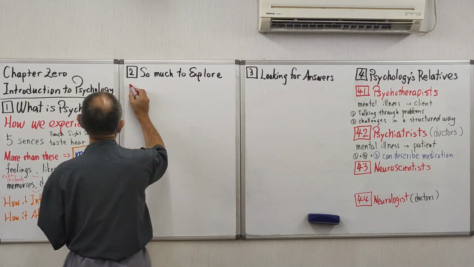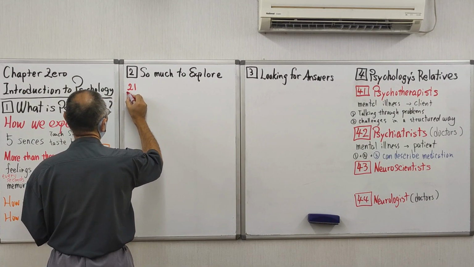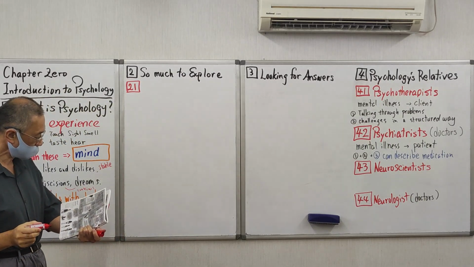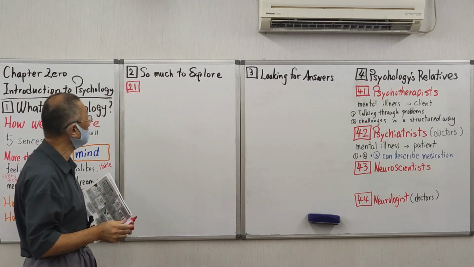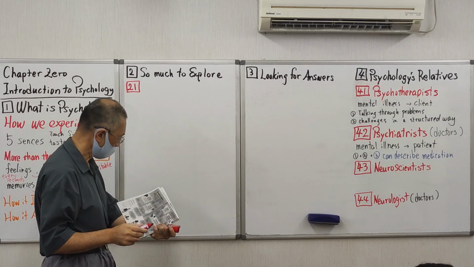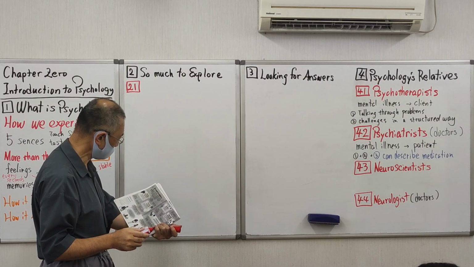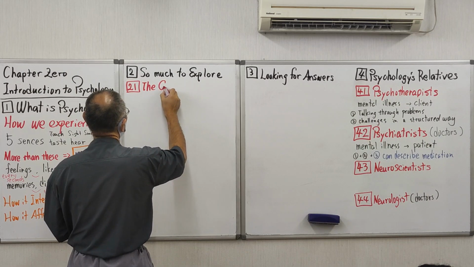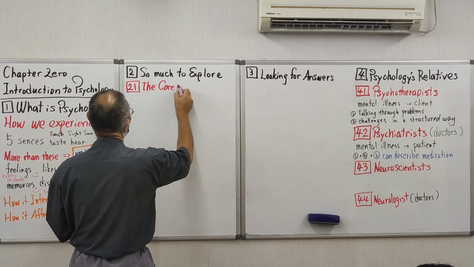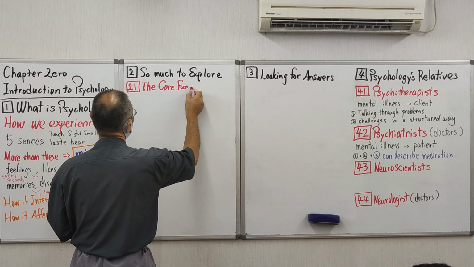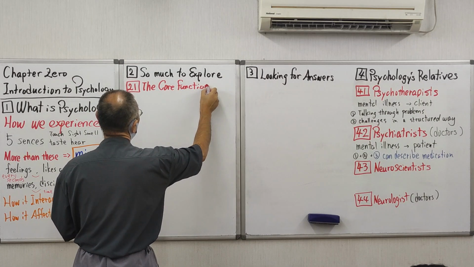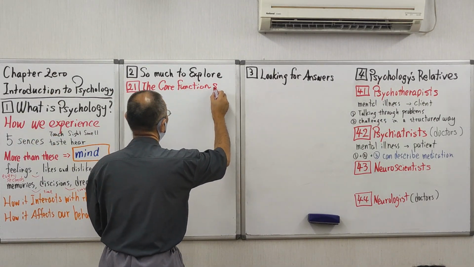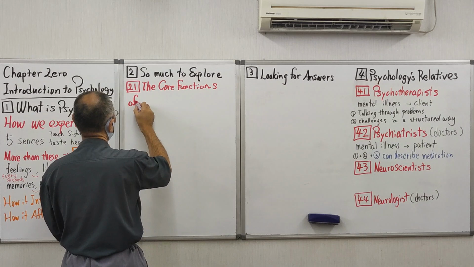Number one is the first of five categories: the core functions of mind.